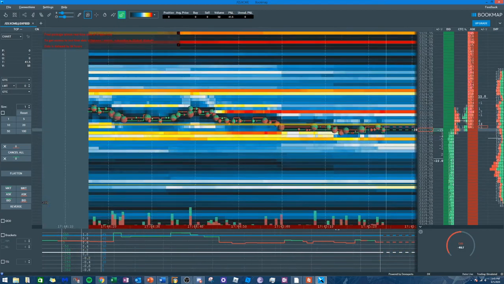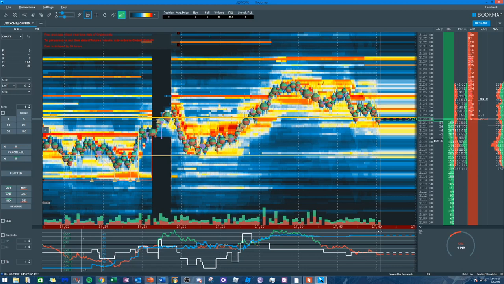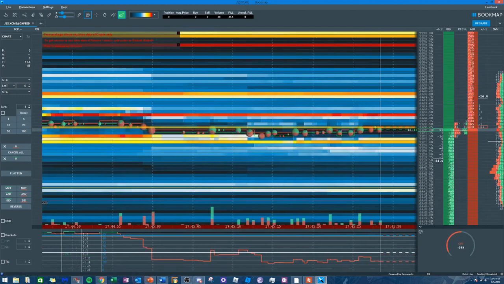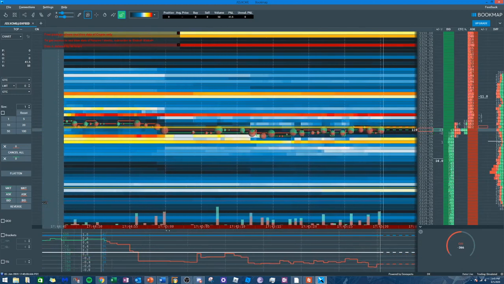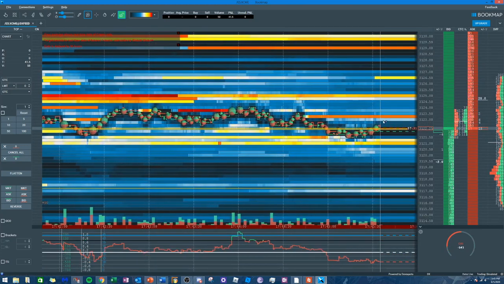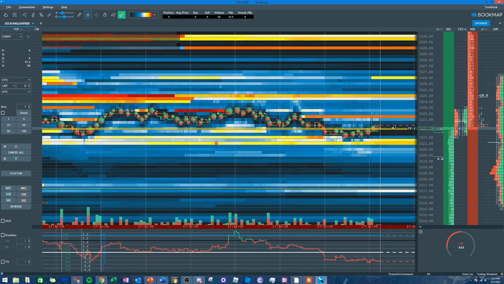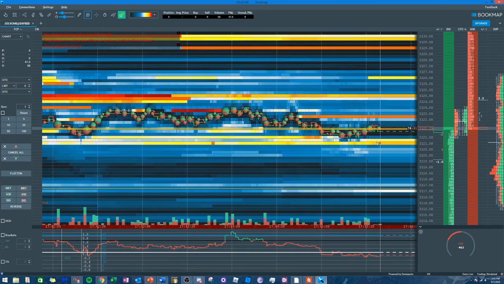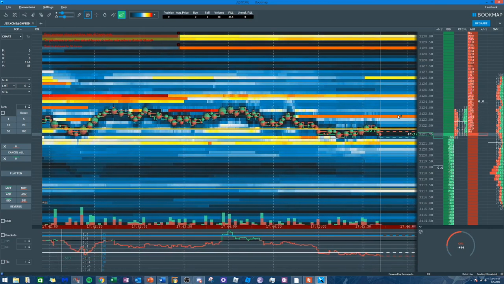And like I said, algo traders will use those to defend their positions and to absorb the incoming market orders and either provide support or resistance to the market.